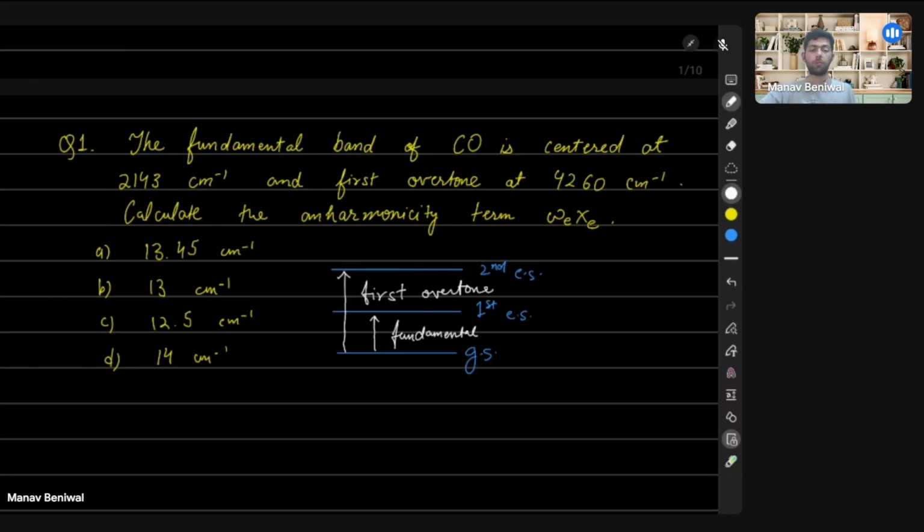So from ground state to first excited state is the fundamental, and from ground state to second excited state is our first overtone. Here v is 0, here v is 1, and here v is 2.